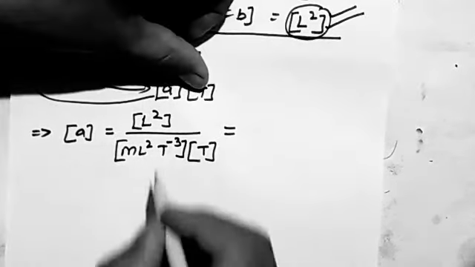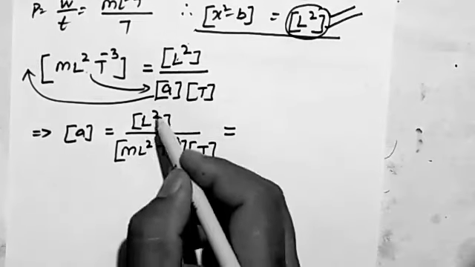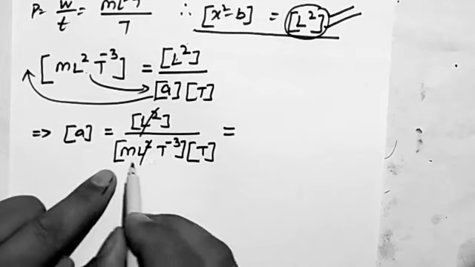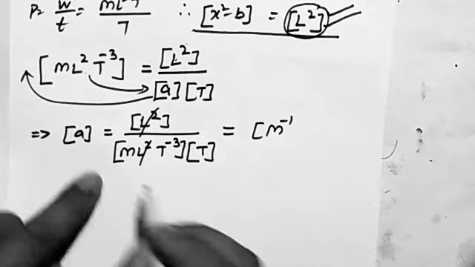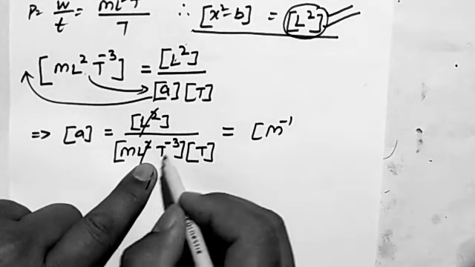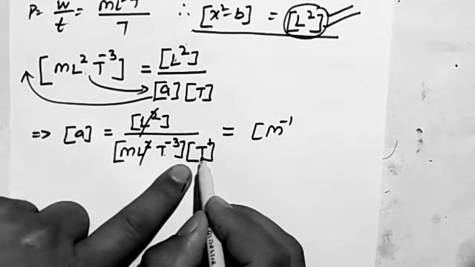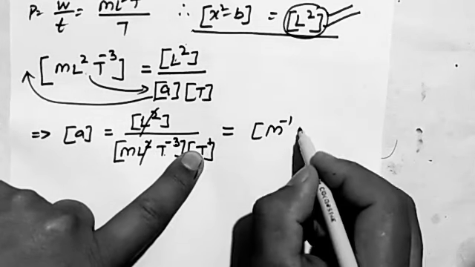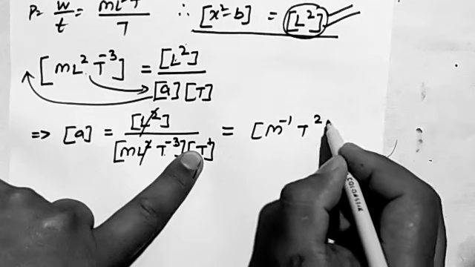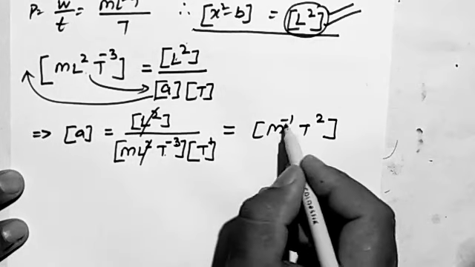I'm not going to solve this fully, you can solve it very easily. L2 and L2 get cancelled. There is no m in the numerator, so m shifts to the numerator and becomes m minus 1. There is no L. T power minus 3 and T power 1, same base, powers added: minus 3 plus 1 is minus 2, and in the numerator this becomes T2. So the dimensions of A become m minus 1 and T2.